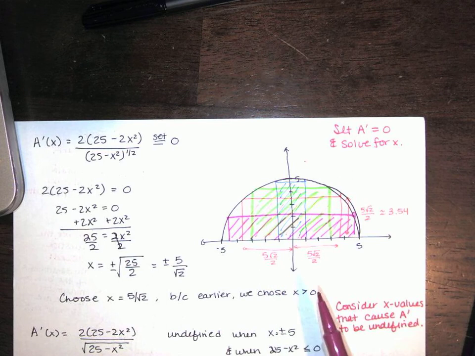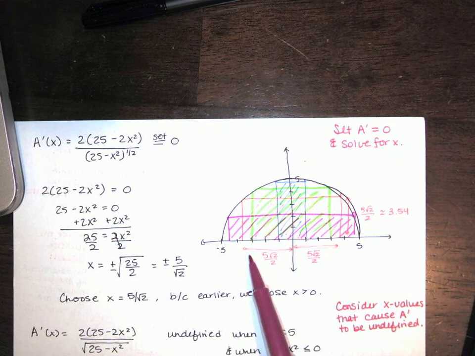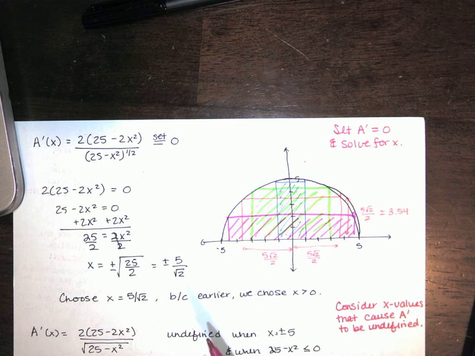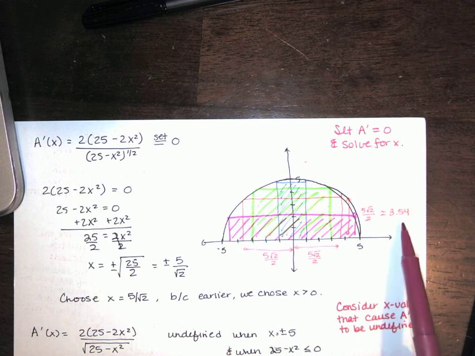The maximum area is 5 times the square root of 2 over 2, that's our width, times 5 times the square root of 2, that's the length. If we multiply those together, we get the area at a maximum. We can find lots of other rectangles, and all those rectangles will have other areas, but the maximum area occurs at that point.